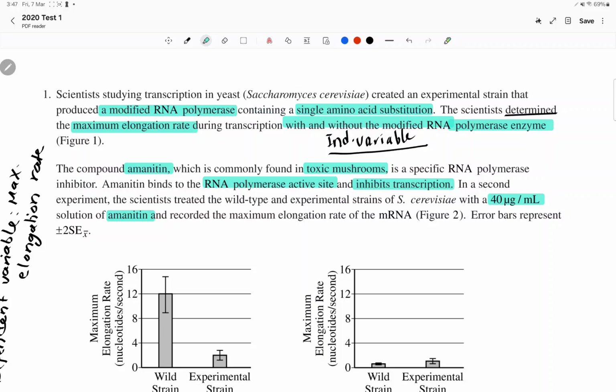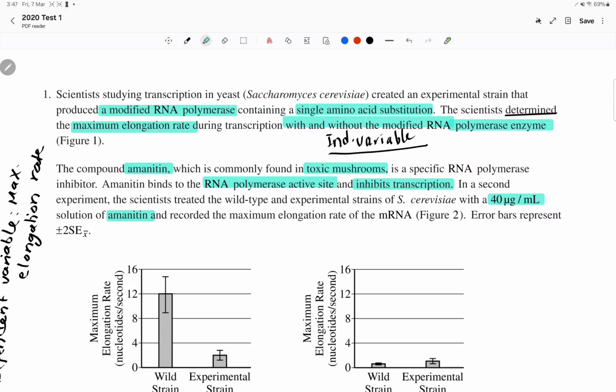Now, there's a compound called amanitin. Do we know what it does? It will inhibit the RNA polymerase. Good so far? The amanitin will bind to the RNA polymerase active site and block the function of this enzyme.